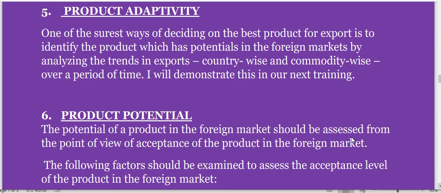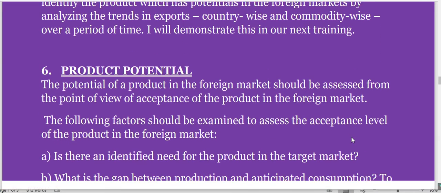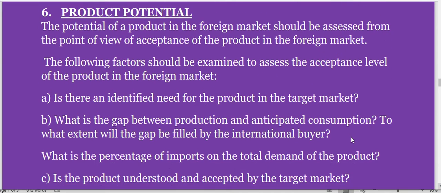Now, the next thing you need to look out for when you are finding the right product for exporting is product potential. The potential of a product in the foreign market should be assessed from the point of view of acceptance of the product in the foreign market.